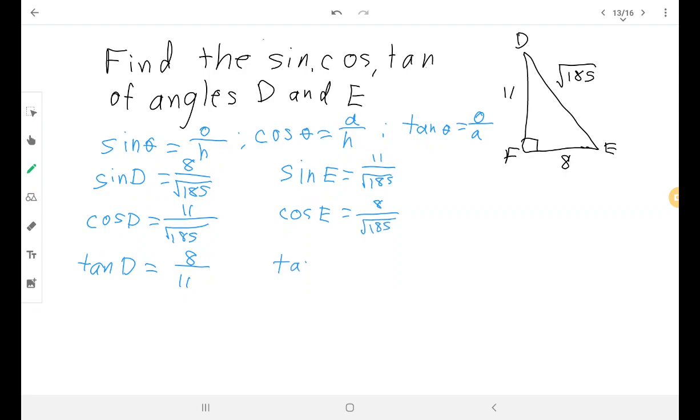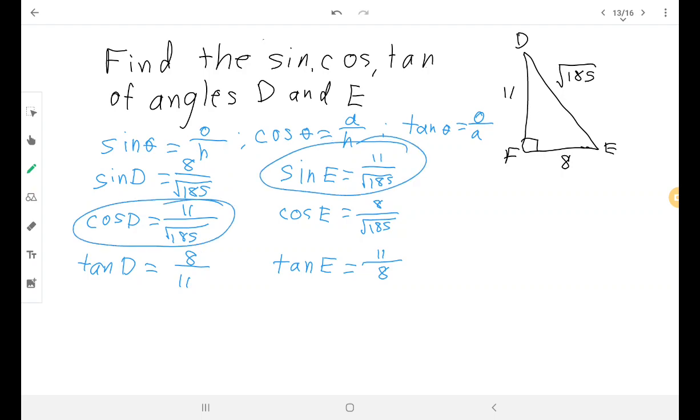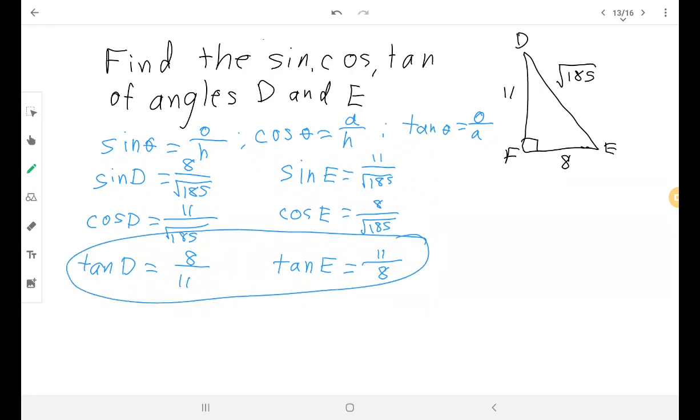And the tangent of angle E is the opposite, which is 11 over the adjacent, which is 8. Notice some similarities here. The sine of D and the cosine of E are the same answer. The sine of E and the cosine of D are the same answer. And the two tangents are reciprocals of each other. That is not a coincidence. That is how it works in every right triangle. I'll give you a moment to look at that.